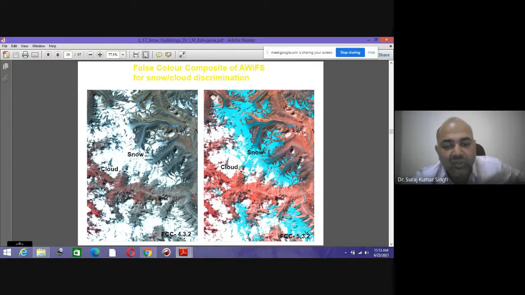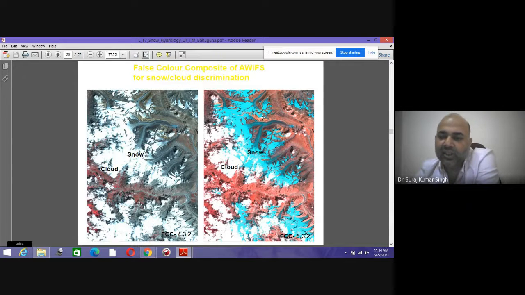But when we used the band combination 532, it was easy to understand because there is a difference in tonal variation, so we can identify which areas are under snow and which are under glaciers using various band combinations.